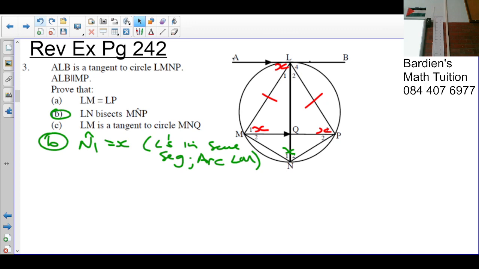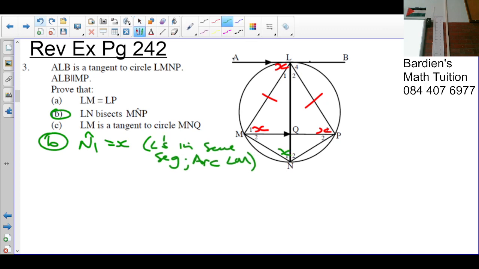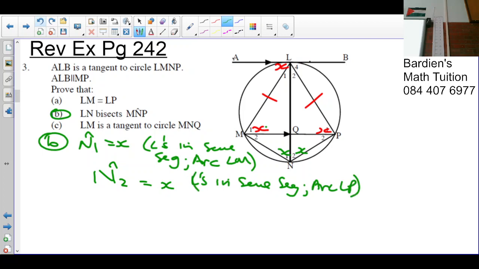Okay? Then we see that N2 is equal to x. Why is N2 equal to x? Same story. Angles in the same segment, and it's coming from arc LP.